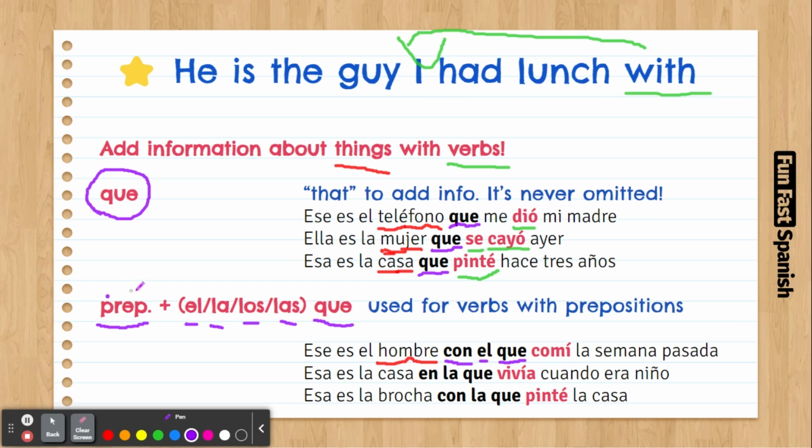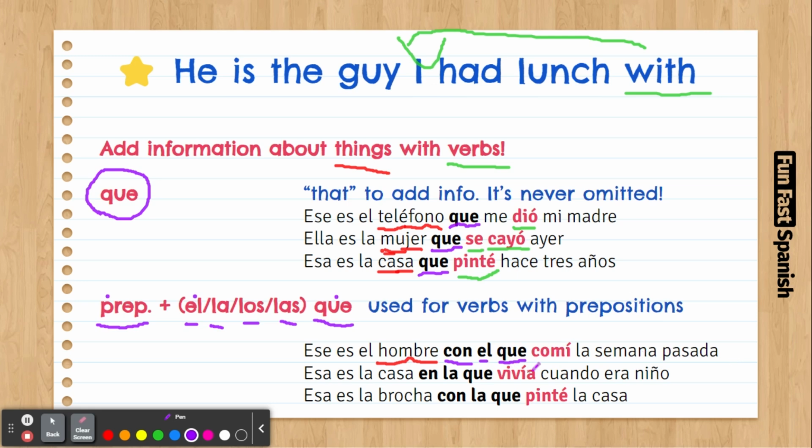Con el que. What does this mean? This means that's the man I had dinner with last week, or this is the man I ate with. So pretty much it was in the past. Last week I ate with this man, and that's the man I had lunch with, or I had dinner with last week. That's what it means.